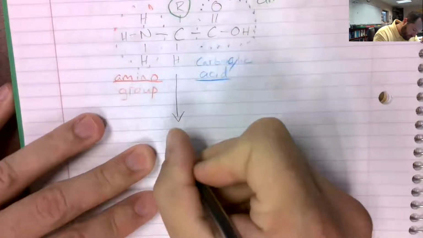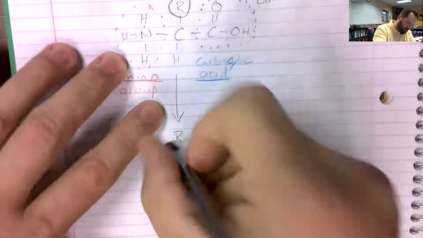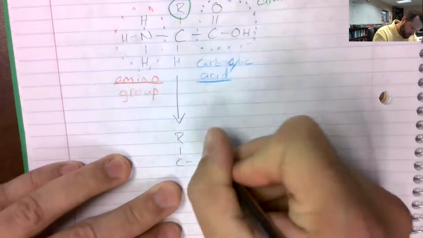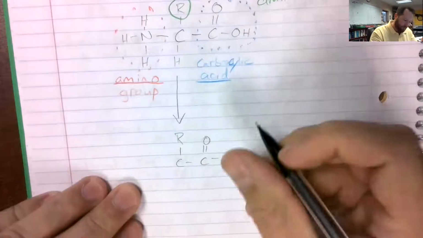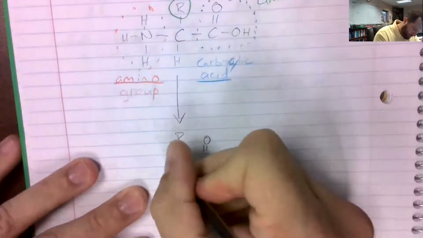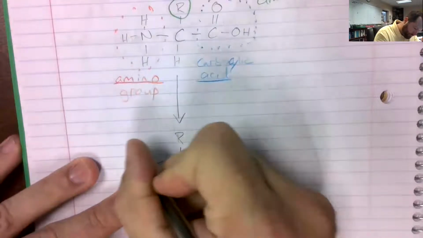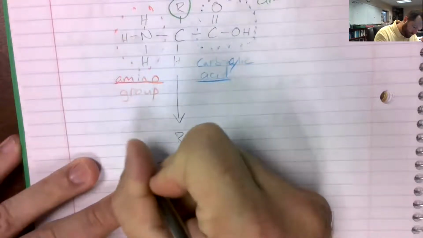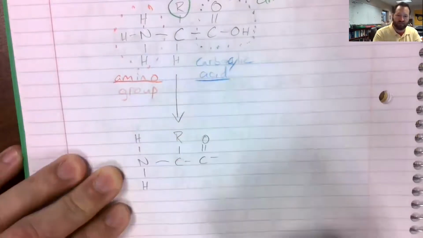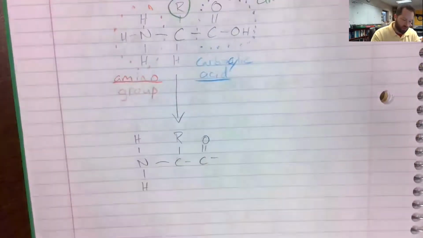So just a little more room there. We're going to erase this O, and you guys will see why in just a second. And this N only has two H's on it.